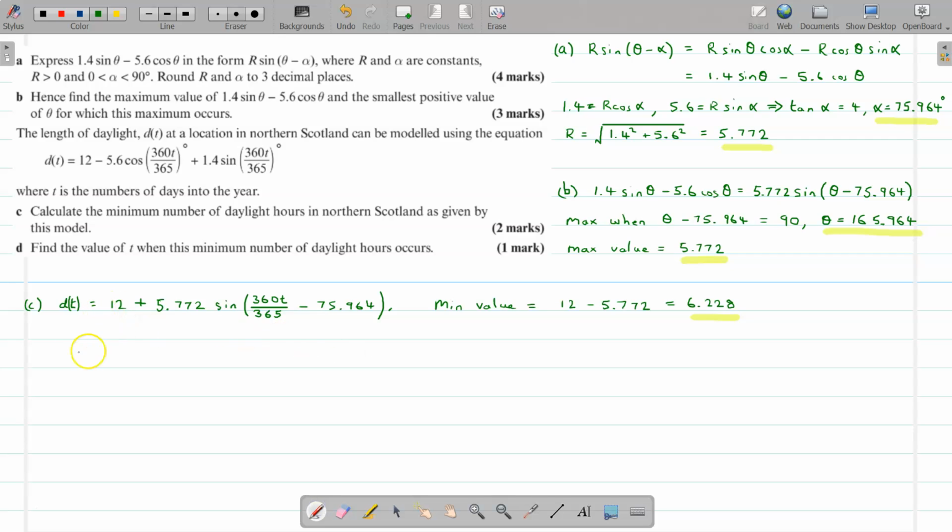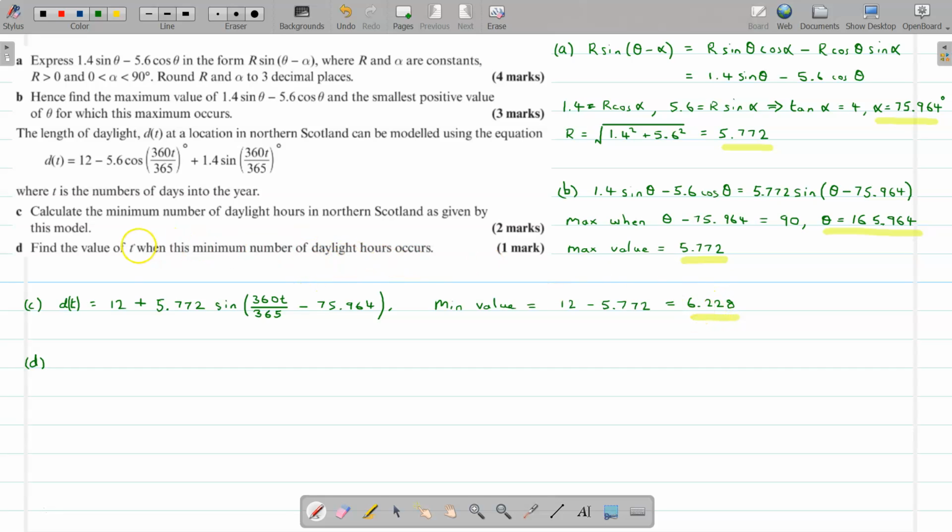All right. Now for part D, we have to say when that minimum occurs. So we've worked out the minimum number of daylight hours, but when does it occur?